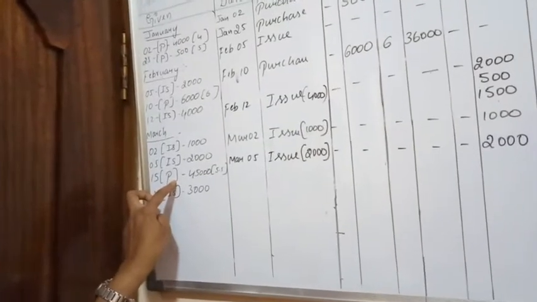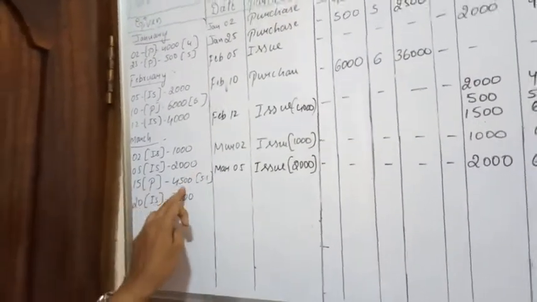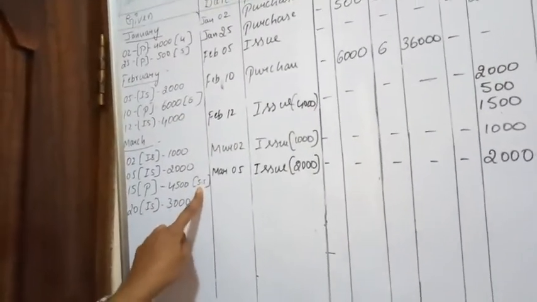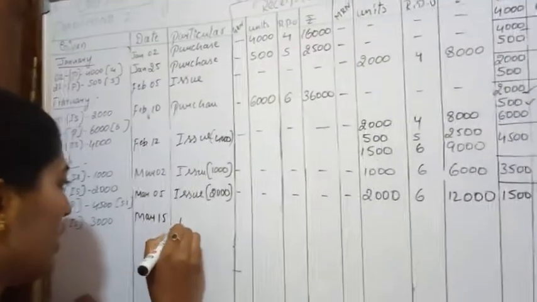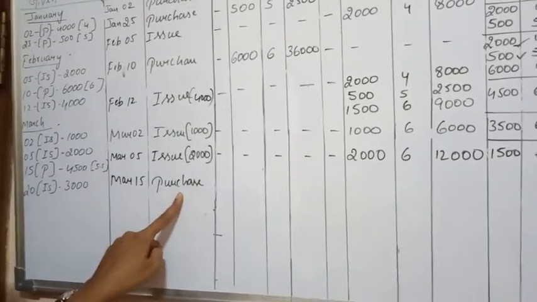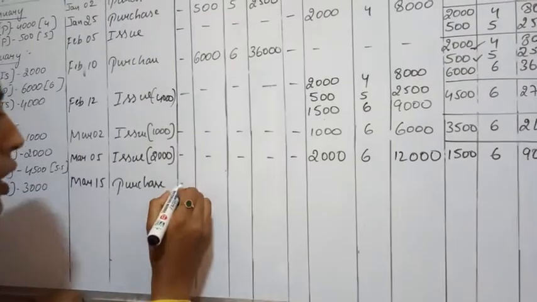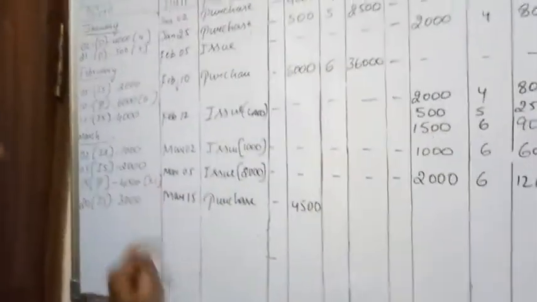Okay. Let's look into the next transaction, that is March 15th. There is a purchase of 4,500 units of material at the rate per unit of 5.5. So let me record here March 15th purchase. Since it is a purchase, I am supposed to record the values in the receipt column. How much is it? 4,500 and rate per unit is 5.5.